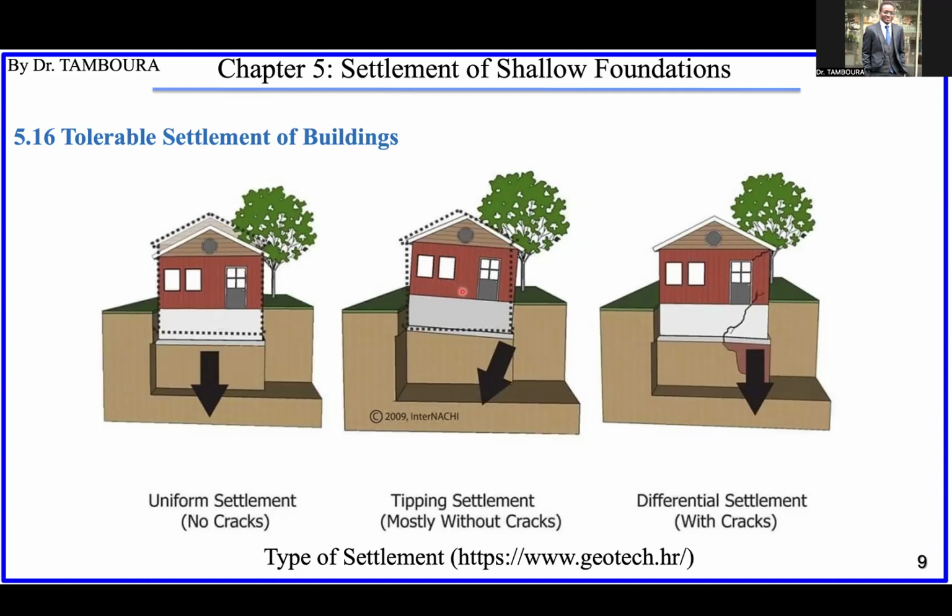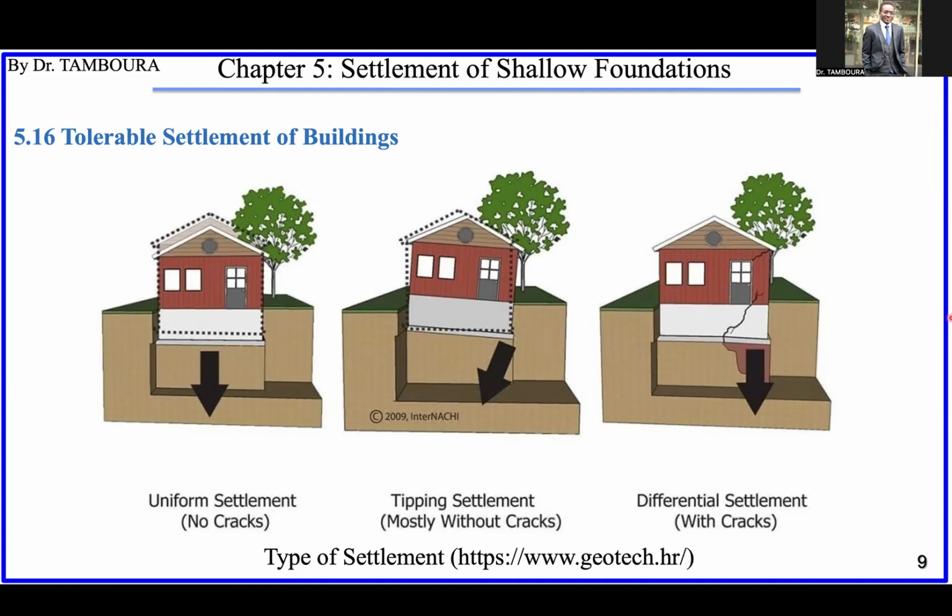So you may have also this kind of situation where the building is settling, not uniformly, but it settled in a way so that the building is tilted, okay? So tipping settlement. It also mostly without any damage, any cracks, okay?